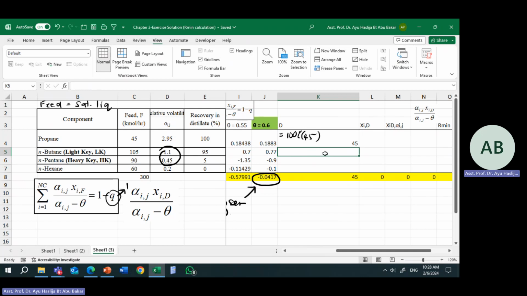Then for the N-butane, the recovery would be 105 multiplied by 0.95. Okay, so this one would be 90 multiplied by 0.05.